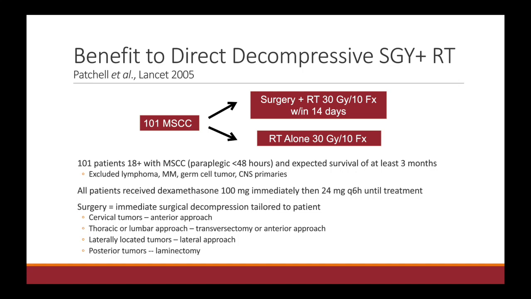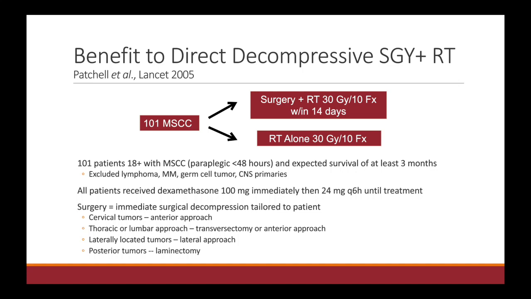The Patchell study, and Patchell is a very important name for you to know, not only in the context of spine radiation, but also brain. But anyway, this Patchell study that came out in 2005 changed that treatment paradigm of radiation alone for spinal cord compression.